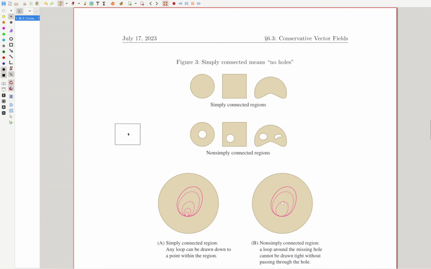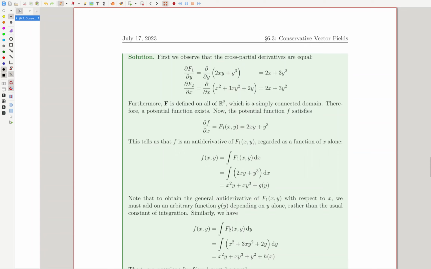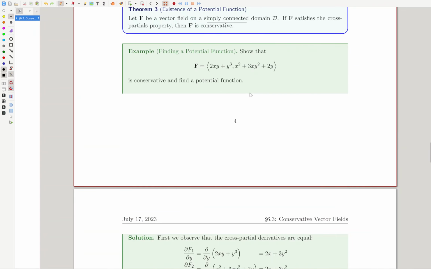First of all, we check the cross partials property, and here I'm switching over to the other textbook convention, which is that you use the same letter, but then you index the component functions by number, by their position in the vector field. So f sub 1 and f sub 2 correspond to those polynomials.